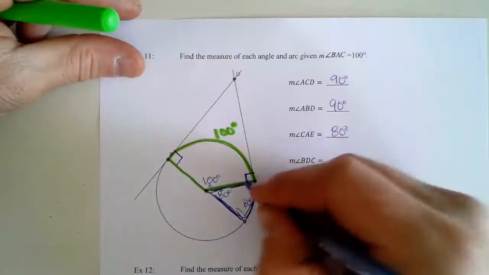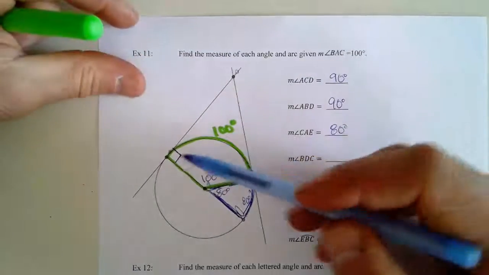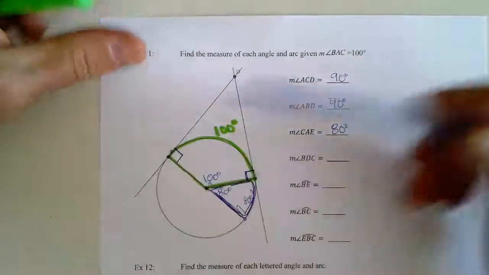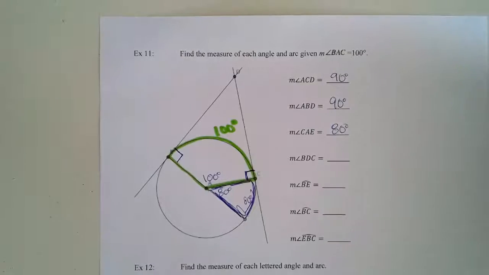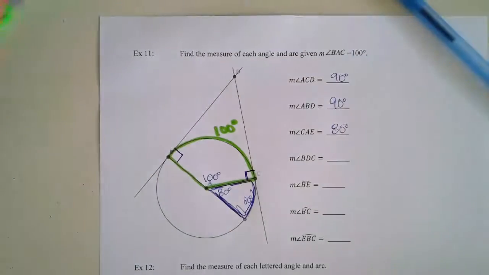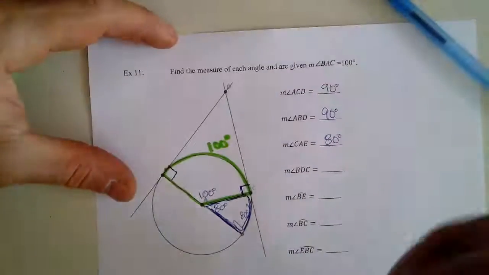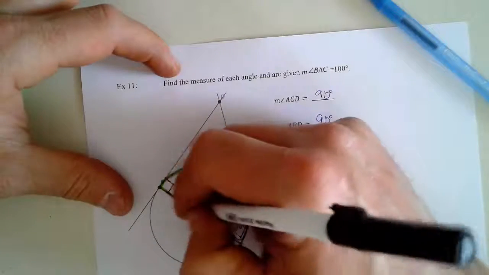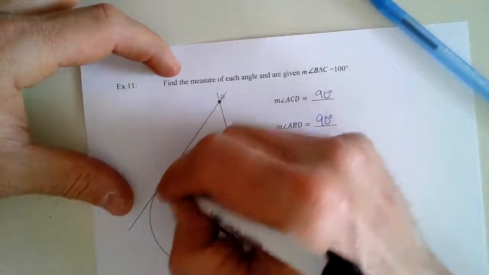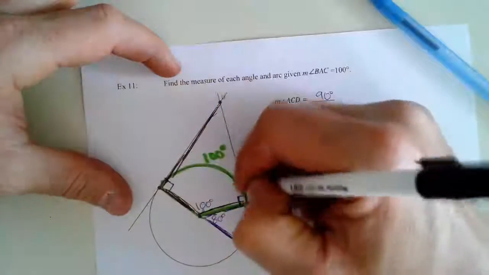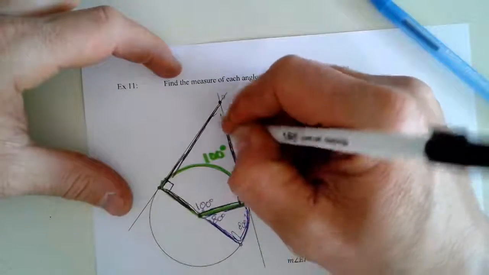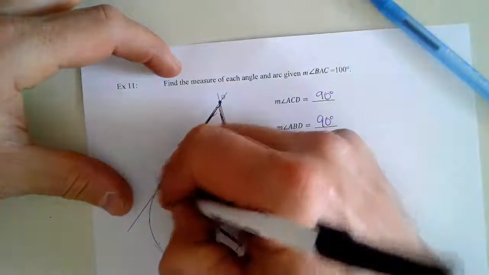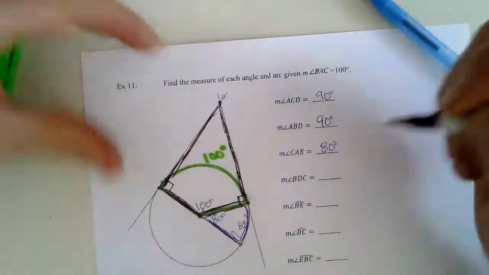Measure angle BDC. Okay, so we have this one. Now I'm looking at how I'm going to figure that out. That's a new type of angle. But guys, remember, we've done so much this year. Use what we have already. If I take a look at it and I highlight it, that right there is a four-sided figure, a quadrilateral.